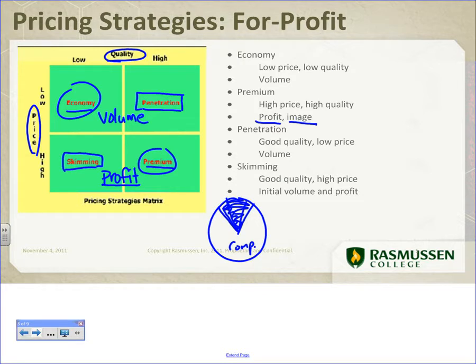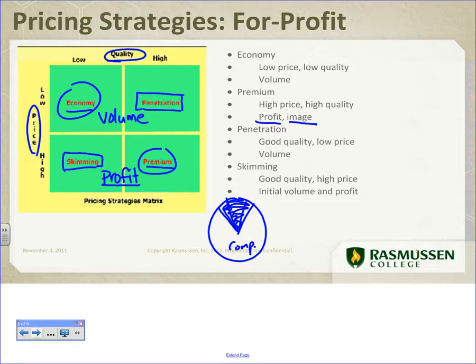Okay, or let's use the Wii for an example. First time the Wii comes out, nobody has anything like it. All right, the Wii comes out at a much higher price than it is today because Nintendo knows it's going to take their competitors some time to figure out the technology and start selling their own.